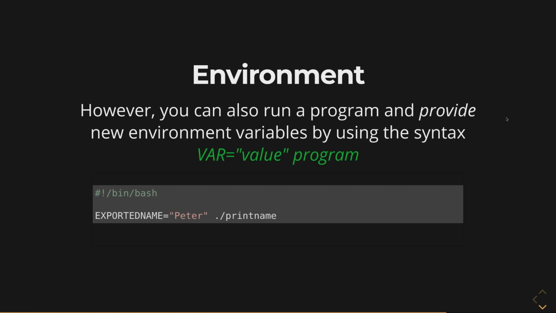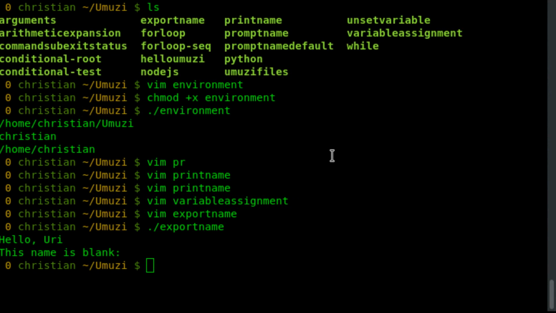So in this case, I'm just exporting the name Peter as I am invoking print name. That will not set exported name on my current environment, but it will set exported name as a variable on the child process's environment.